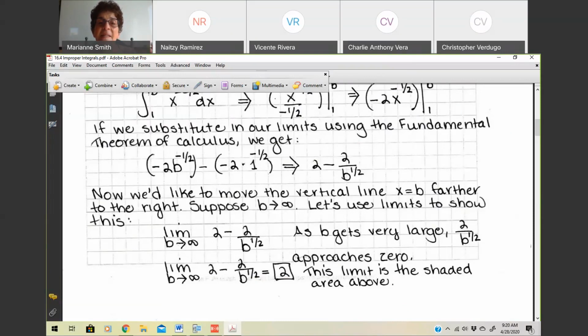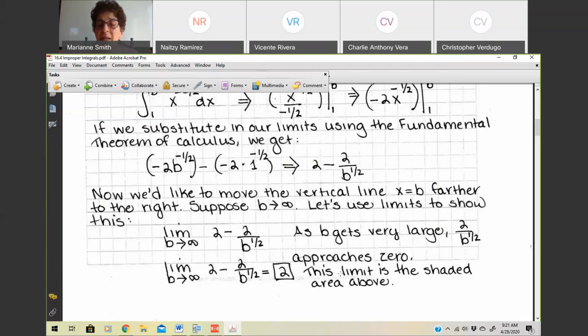As b approaches infinity, this whole fraction, 2 over b to the 1 half, approaches 0. Don't let the exponent 1 half fool you into thinking, well, wait a minute, I'm taking the square root of infinity. The square root of infinity is still infinity. It just gets there a little slower. But the idea here is this whole fraction approaches 0.